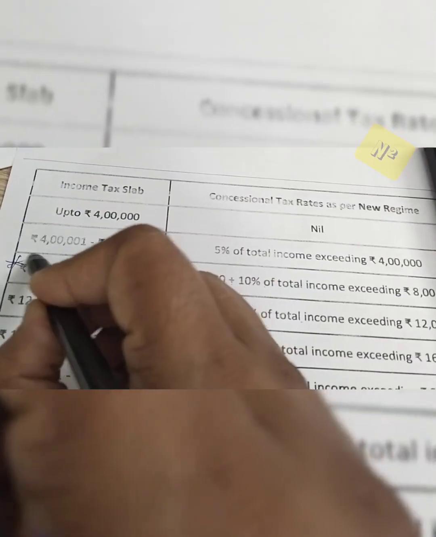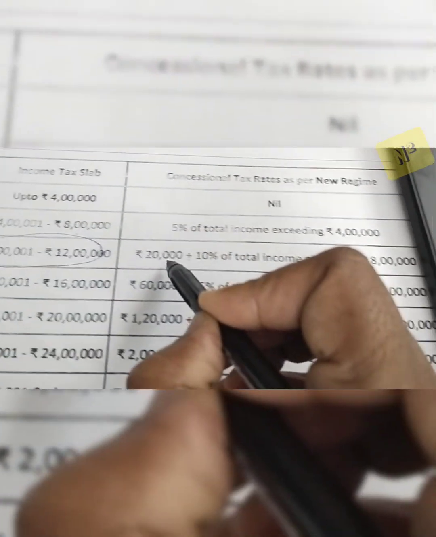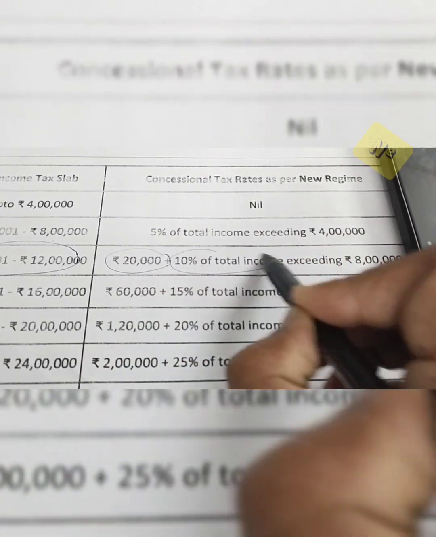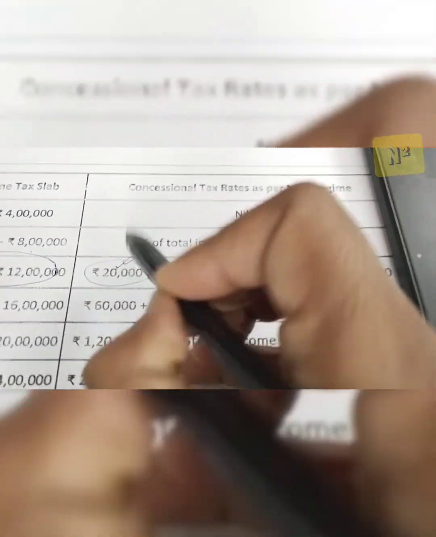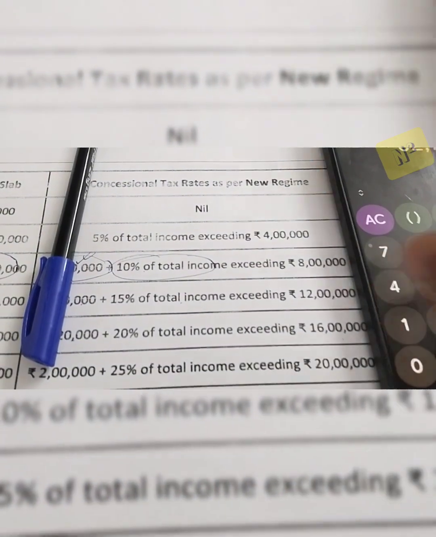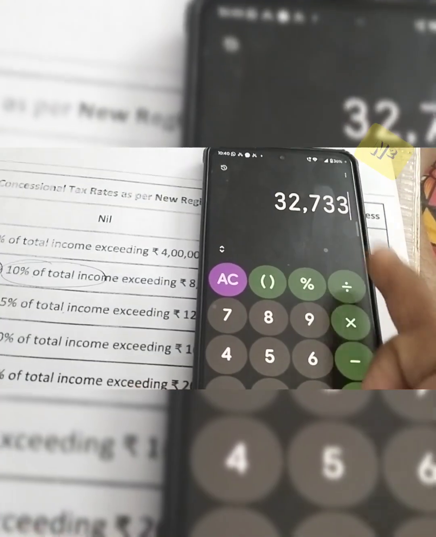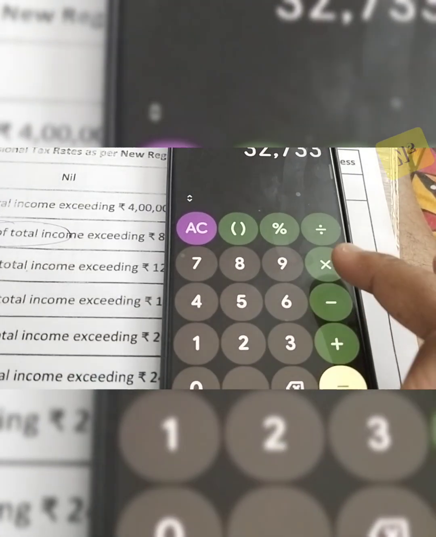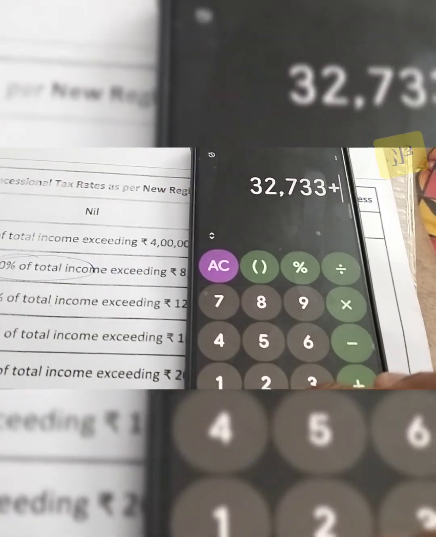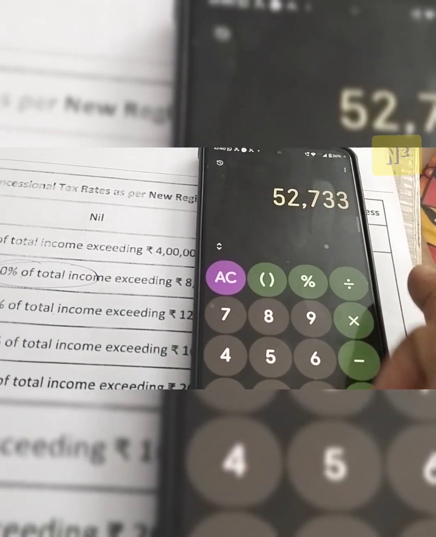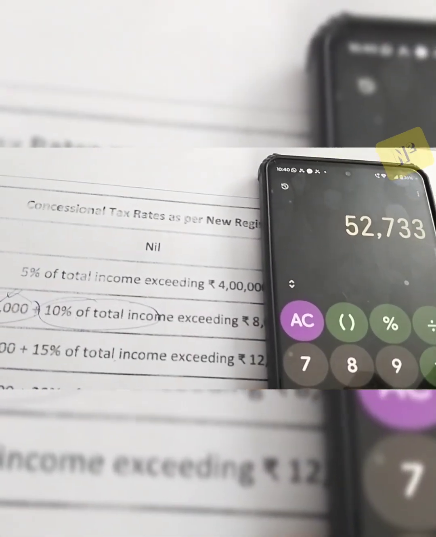With this slab, we have to calculate these two values: 20,000, which is coming from the previous slab, and now 10% of the total excess, that is 32,733. Now let's add this value to 20,000. Now we are getting a value of 52,733.